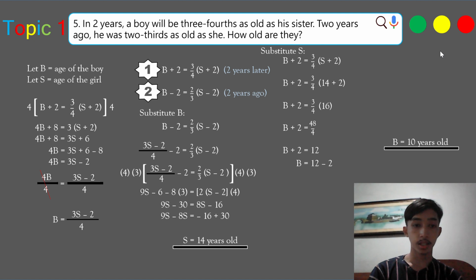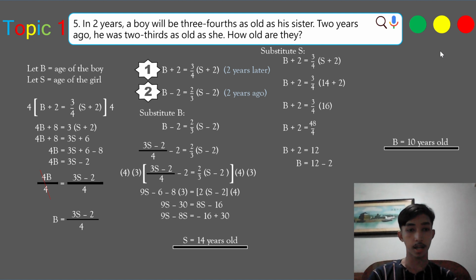And we cancel the denominator 4, so we copy it. And next, let's multiply: 3 times S is equal to 3S and 3 times 2 is equal to 6. So 4B plus 8 is equal to 3S plus 6.